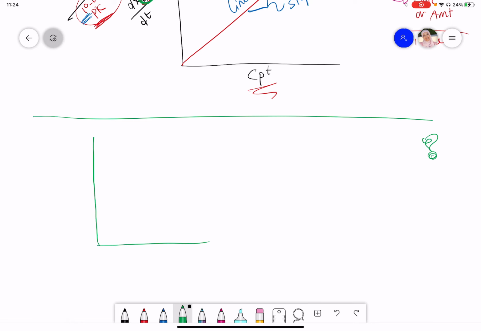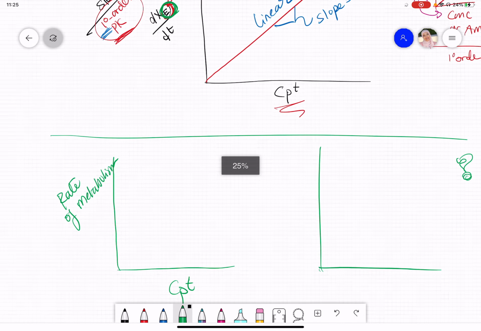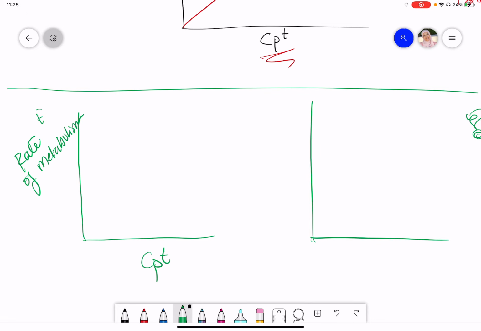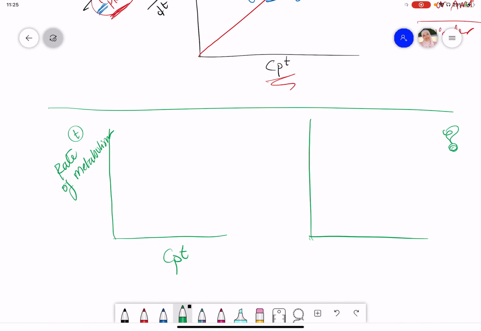So I will ask you a question here, and sketch it by yourself. If I want you to sketch the rate of metabolism of the drug versus concentration measured at a certain time, or the rate of excretion at a certain time versus the concentration of the drug measured in the plasma at that time, still under first order kinetics, what would be the profile here and here?